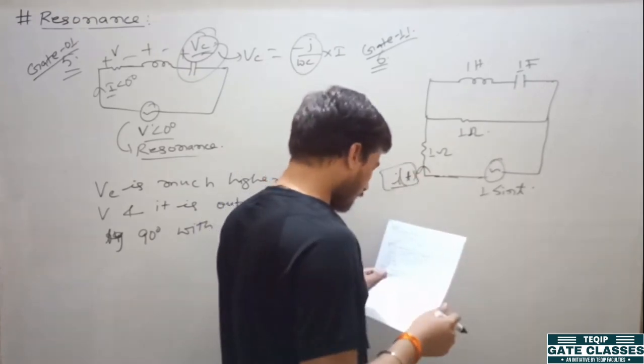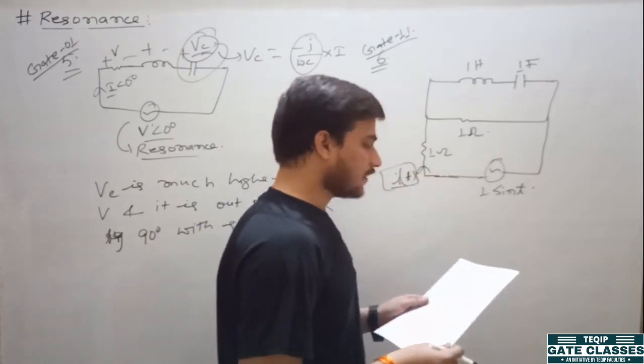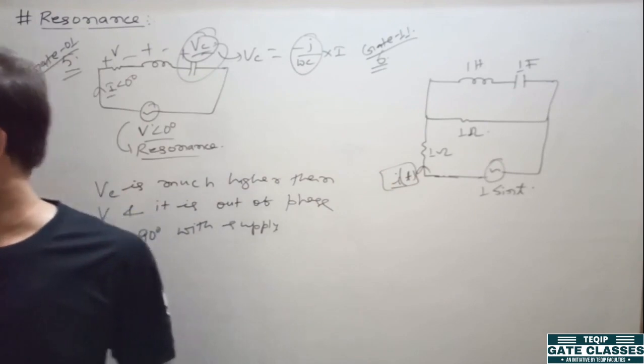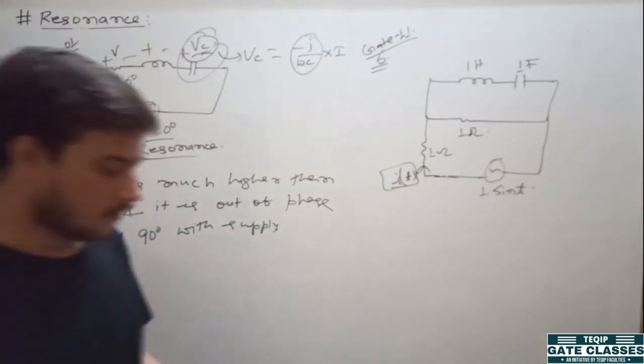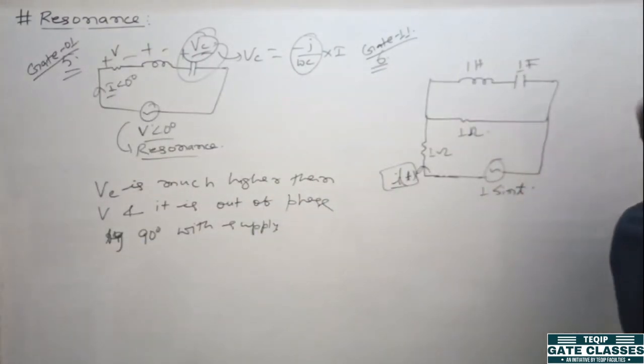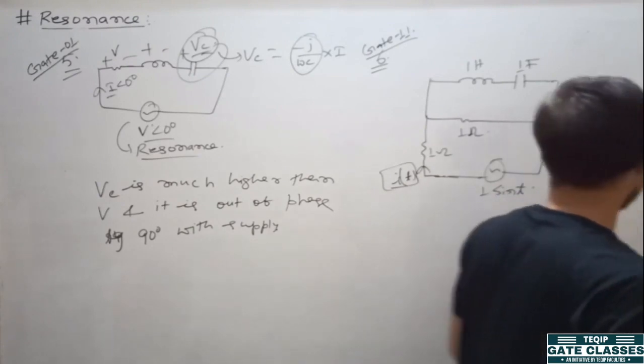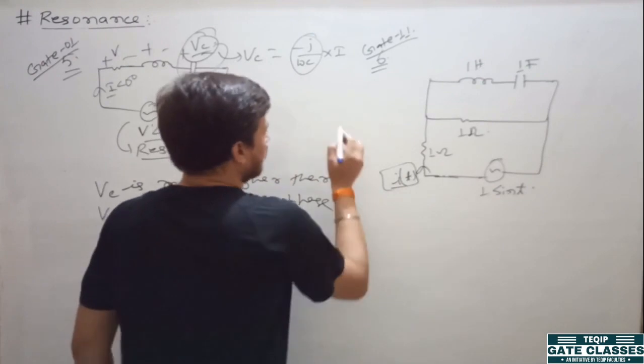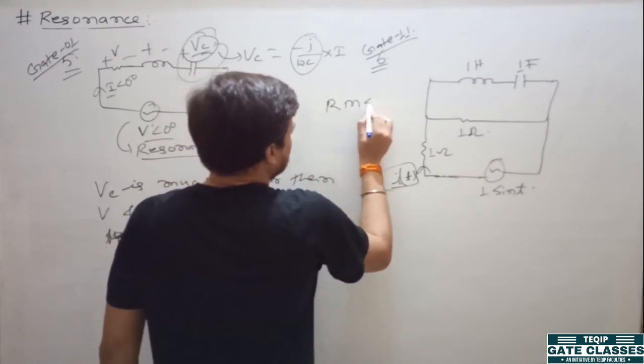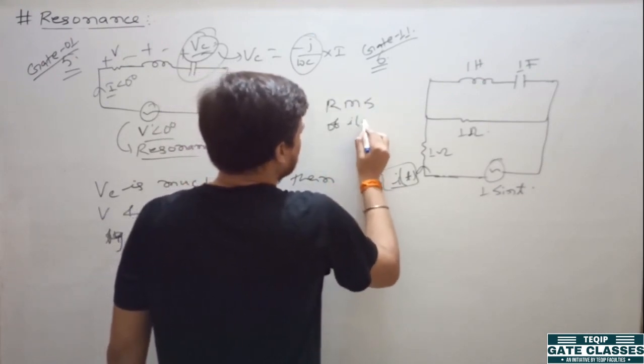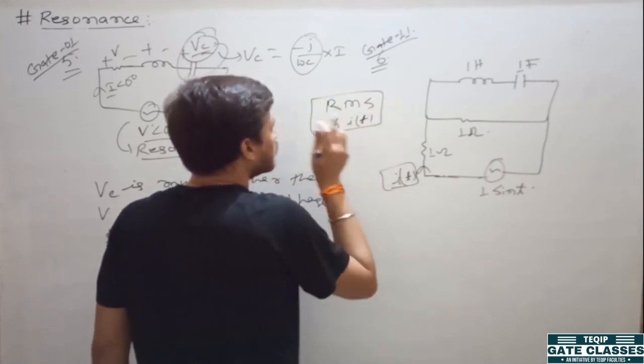So now you have to write the value of IT. You have to write RMS value of IT. So let us see what will be the RMS value of IT. The circuit is given. So look at this circuit.